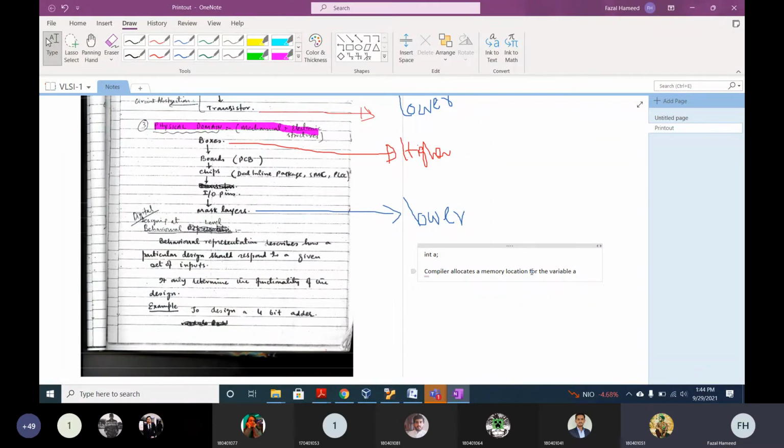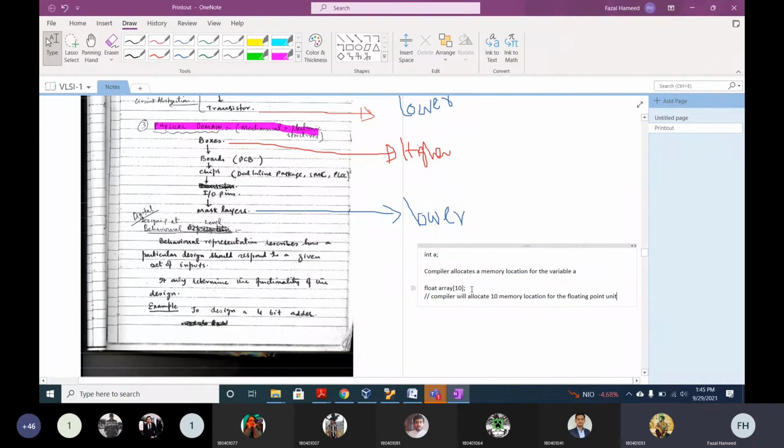Okay, if I'm writing float array 10, what does the compiler do? The compiler will allocate 10 memory locations for the floating point values.